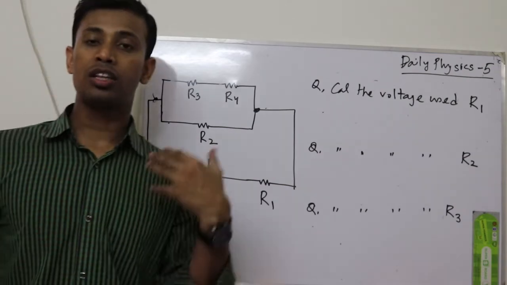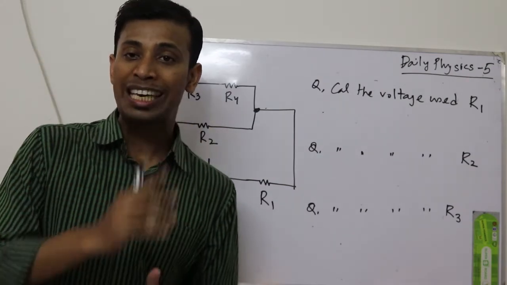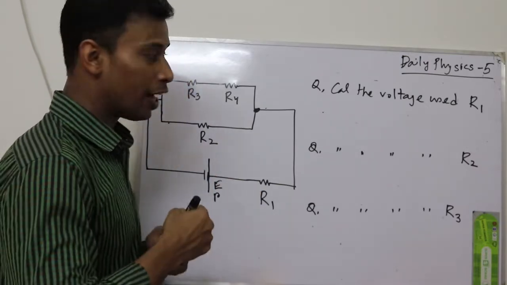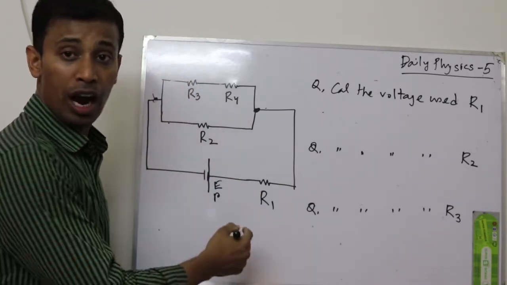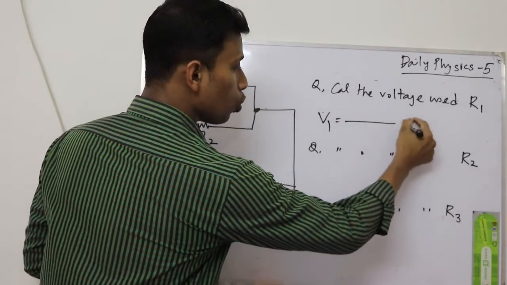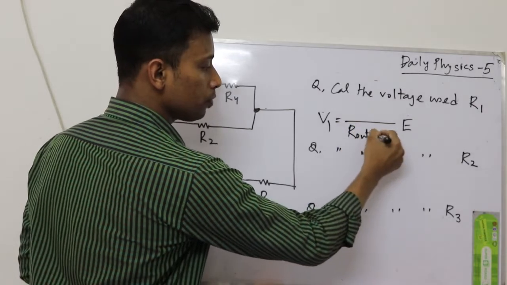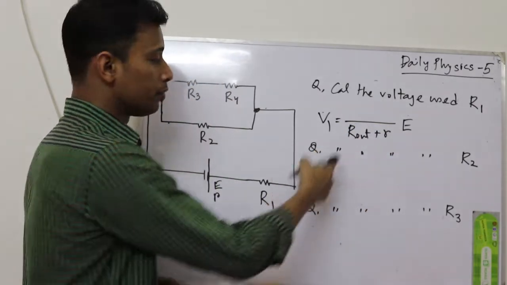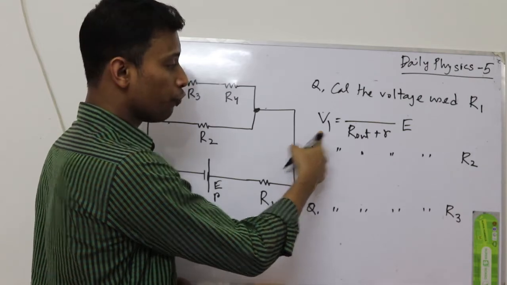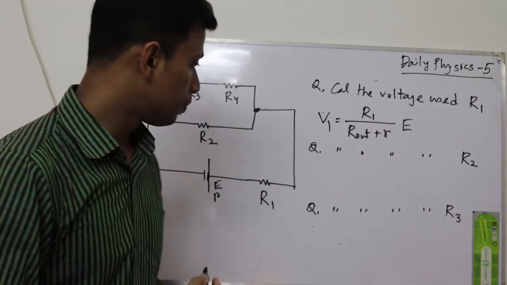So here the voltage used by R1 will be divided from E itself. Okay? So if you use the voltage divide law, for the voltage used by R1, V1, we will divide E. At the bottom, R out plus R. At the top, for the voltage used by R1, V1, it will be R1.